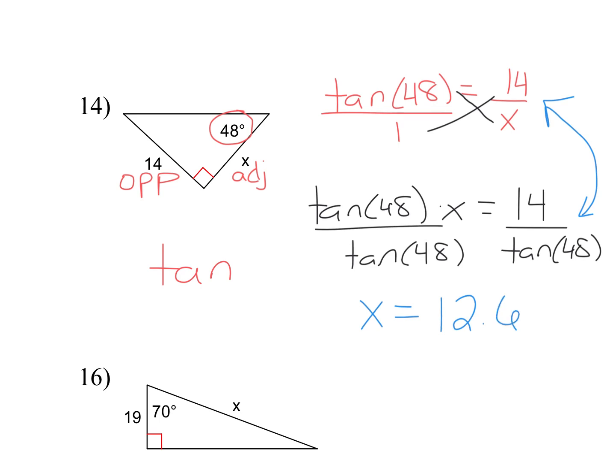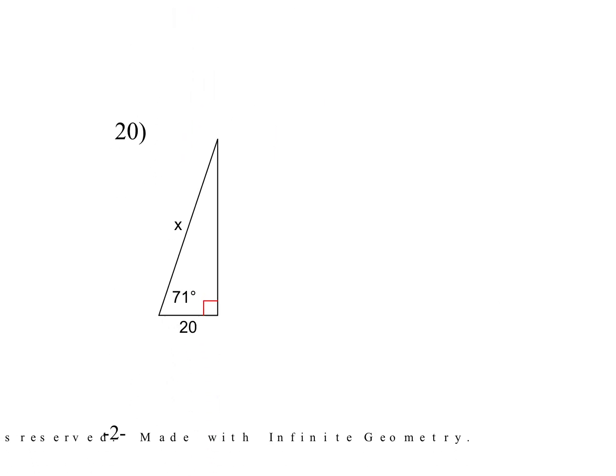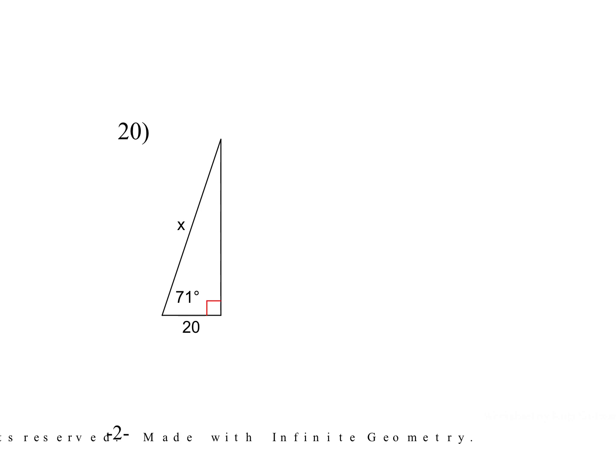Let's do one more where it's dividing. I want you to try number 20. All of you go try number 20, following those same steps. First thing you do is what? Circle and label. Yep. What's 20? Adjacent.